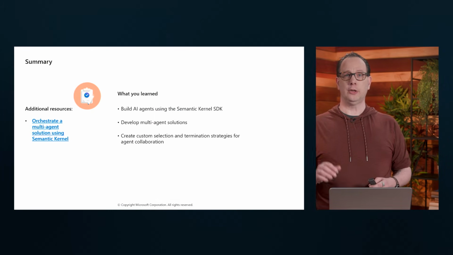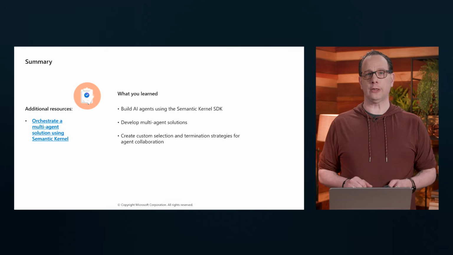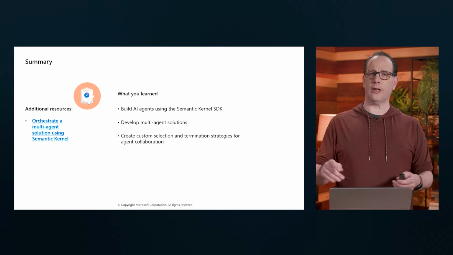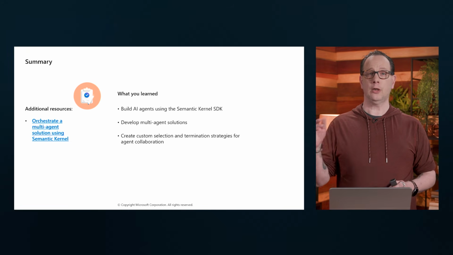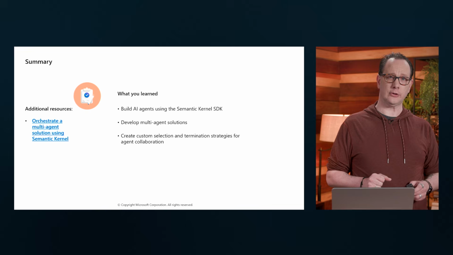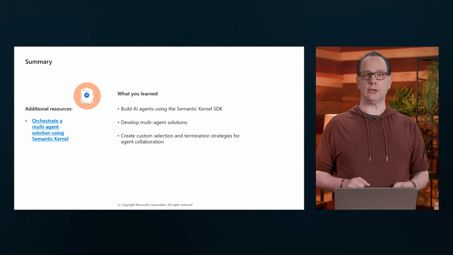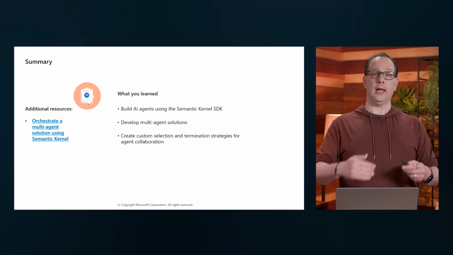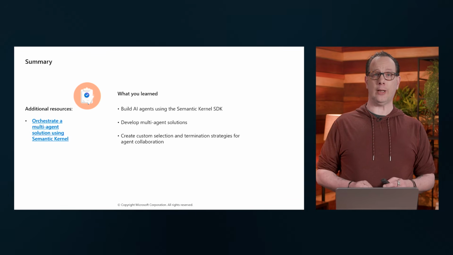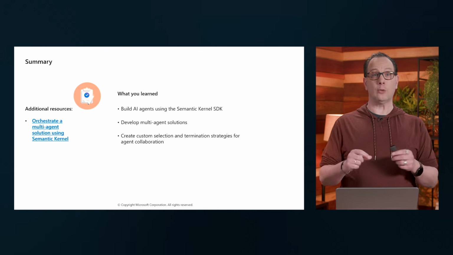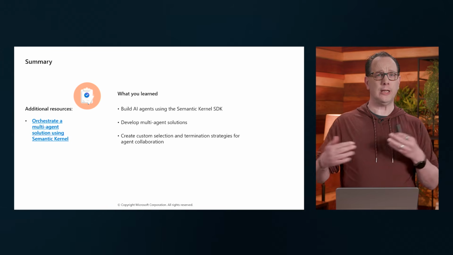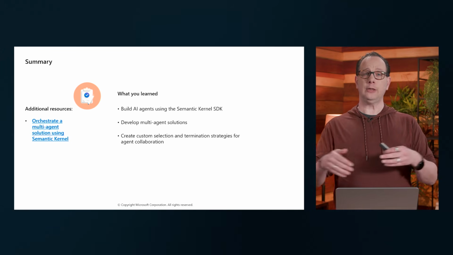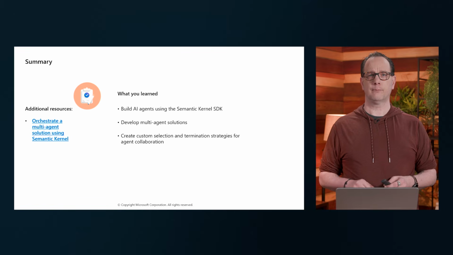In this module, you learned how the Semantic Kernel Agent Framework enables developers like yourself to build collaborative AI agents. You learned about agent selection. We talked about multi-agent collaboration, and as discussed, termination strategies to understand how agents interact, how they process input, and how they determine conversation flow.